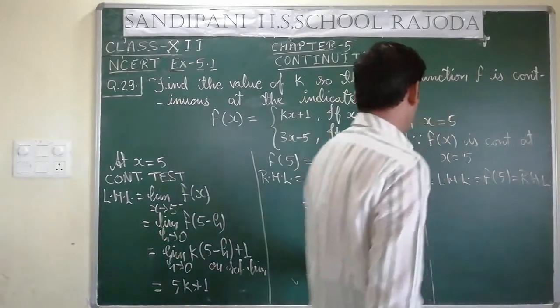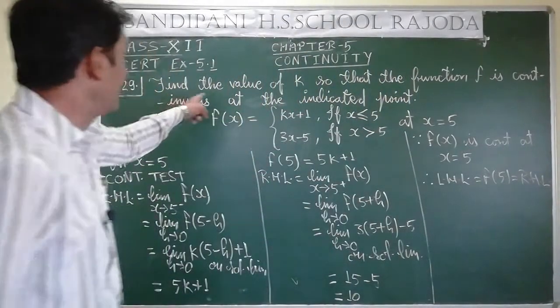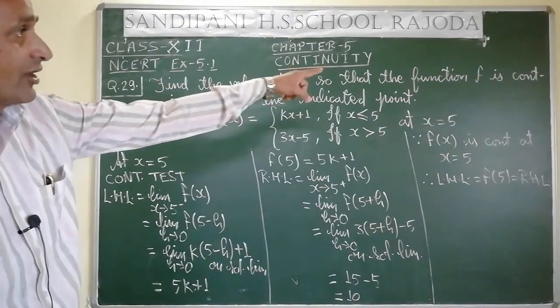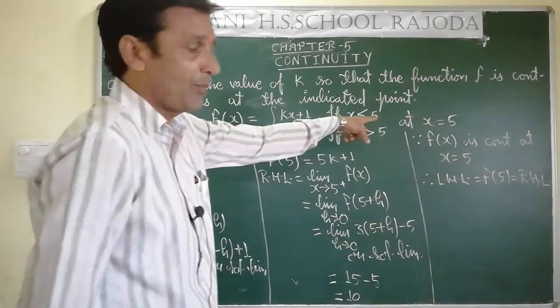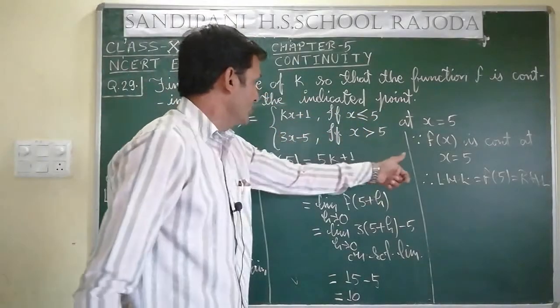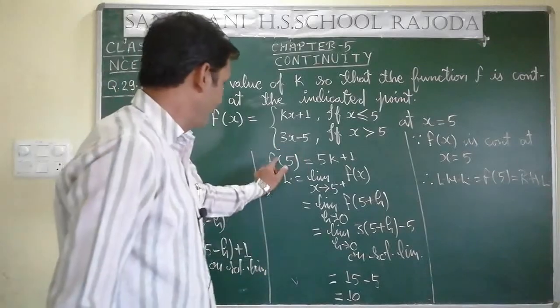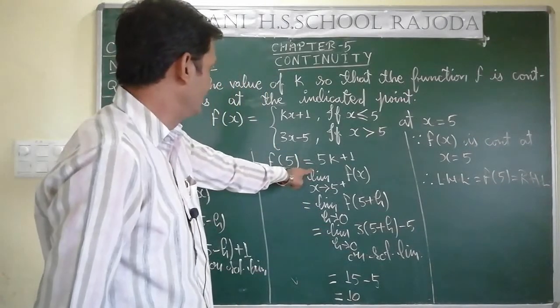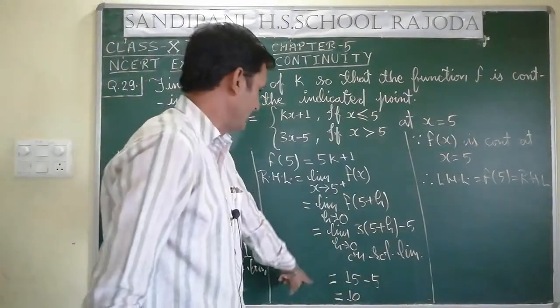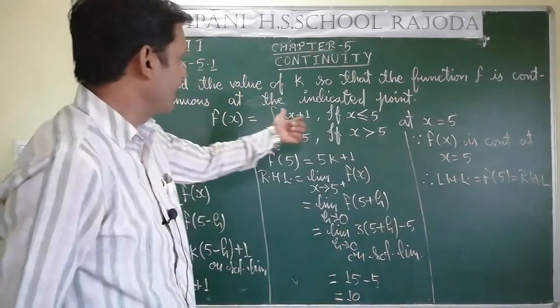These three parts are equal because it is given, find the value of k so that the function f is continuous at the indicated point. Indicated point is x is equal to 5. So it is well clear that if we put LHL is equal to f of 5 is equal to RHL, then we can get the value of k.